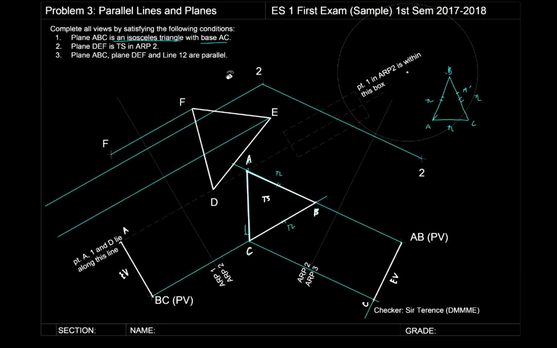Tapos kung naka-point view yung isa, automatic naka-point view na rin yung isang yung kabilang line, no. And dito, since naka-true size to, the way we do it is if true size yung isang plane, and we know that they are parallel to and another plane is parallel to that true size plane, then automatic true size na rin yung plane na yun.